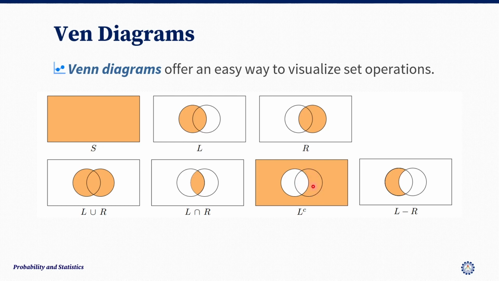So we only get here the right region without the overlapping in the left region. We have also L minus R, the vice versa. We have only the left without the overlapping R portion. So that's how you present sets, notation, and Venn diagrams.